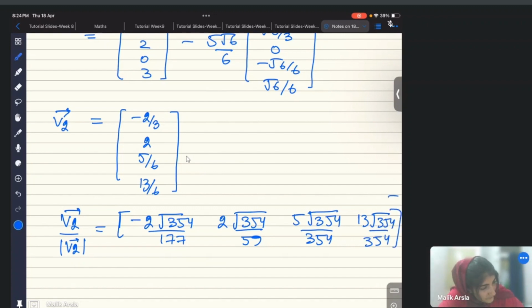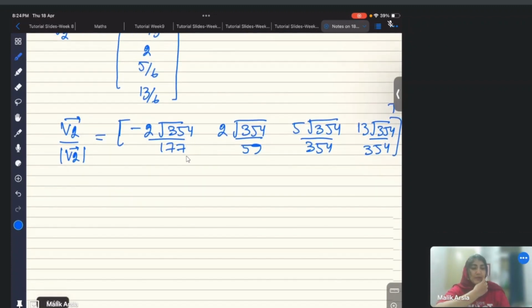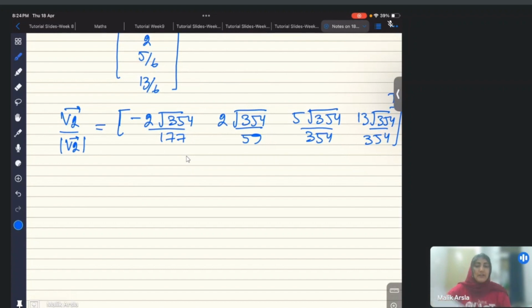So this is our second orthonormal vector.